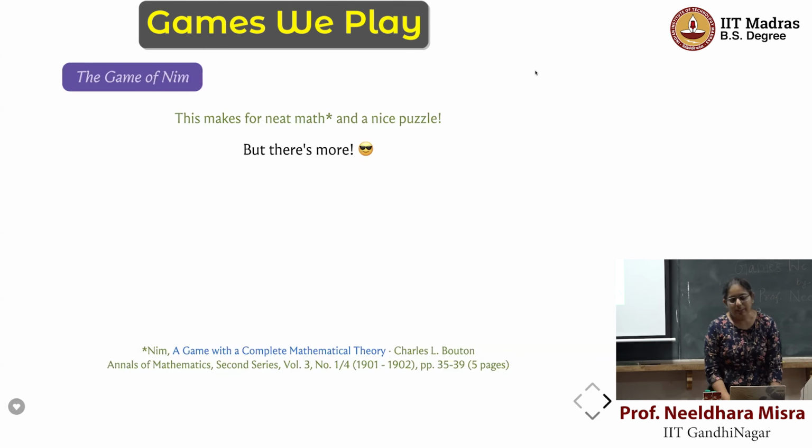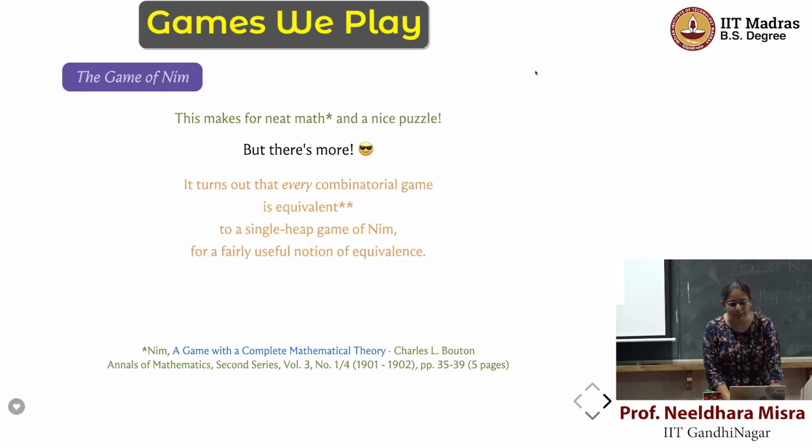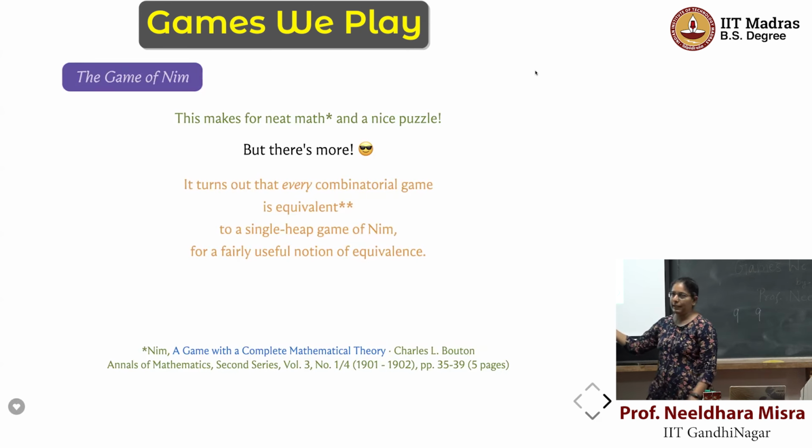Okay. So this I think is a very clever solution to a very interesting game. But that's not the only reason it's significant. It's great, but it turns out that this paper was the starting point for a much deeper theory of combinatorial games.